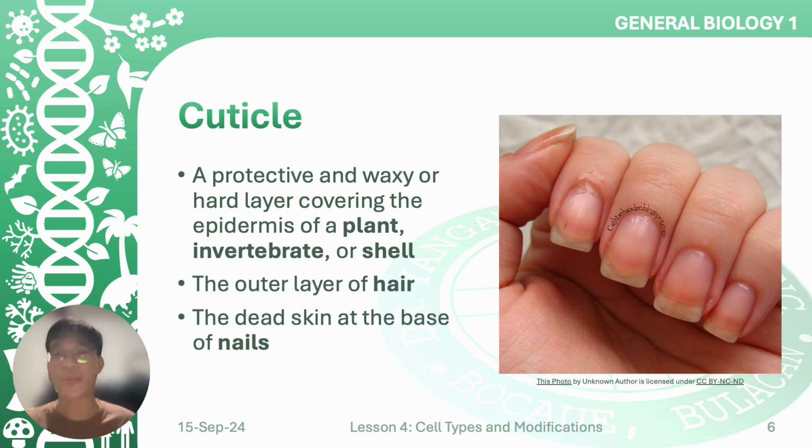The same is true when you throw water on the shells or even the coverings of insects or, for example, crabs. They don't absorb the water. At the same time, the same is true with our hair and our nails. They also have this waterproof coating caused by the cuticle.